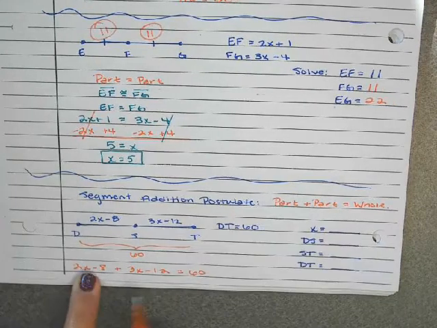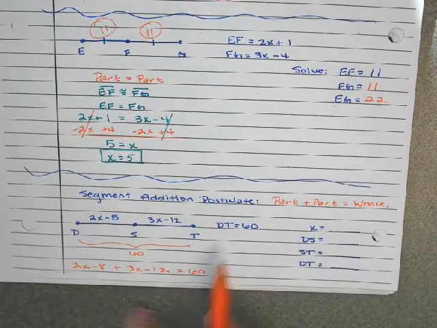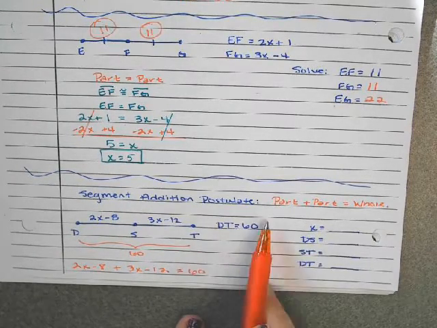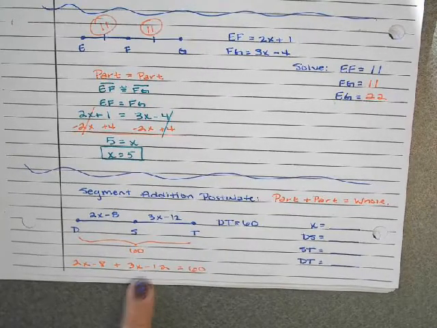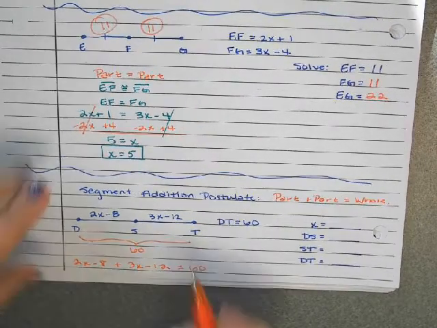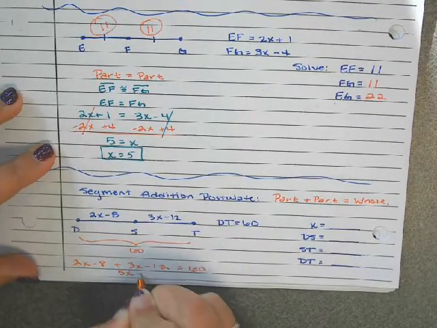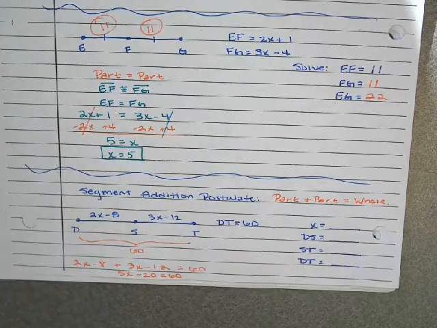That's that part plus the part equals the whole thing. And that's what I'm going to go with because they gave me what that whole segment is supposed to be. And from here, you take the left side and you combine like terms. So 2x plus 3x is 5x. Negative 8 and negative 12 is minus 20 equals 60. And from there, you would solve for x.